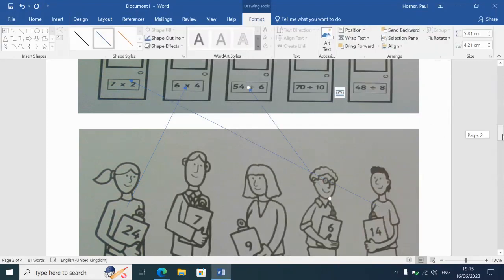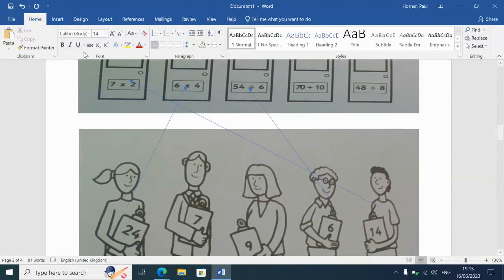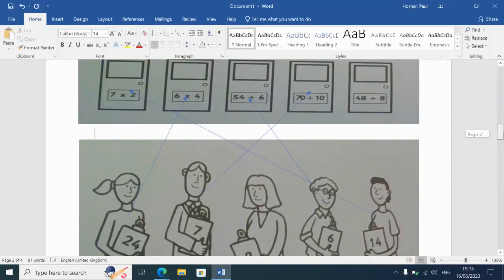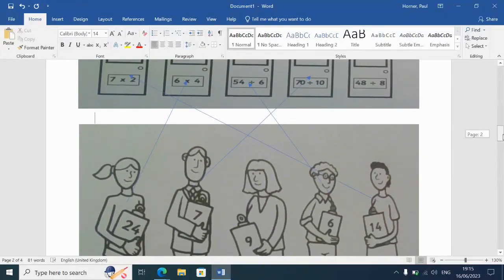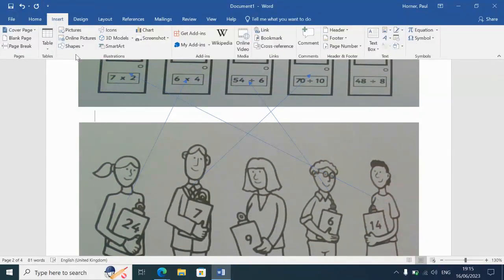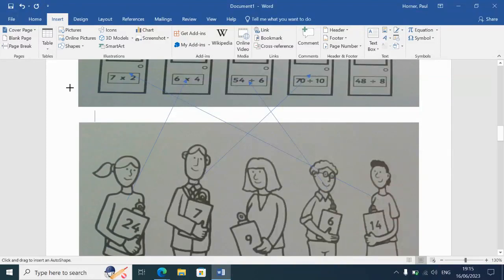And what about the next classroom door? 70 divided by 10 is 7. So the second teacher goes to classroom door 7. And then the last classroom door, 48 divided by 8 is 6.